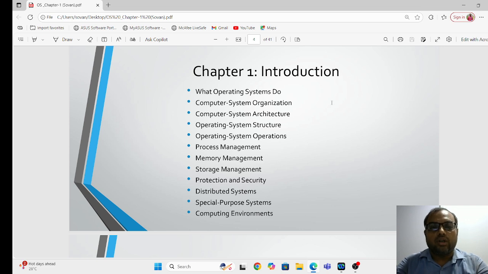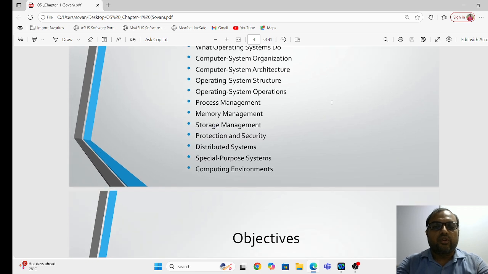In your previous semester you already completed the course on computer organization and architecture, the basic fundamentals of what components are present in a computer system. Then operating system structures, different types of operating system operations, and what the process management system is. So you can understand the basic things from the introductory part.